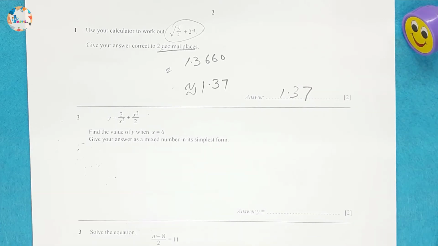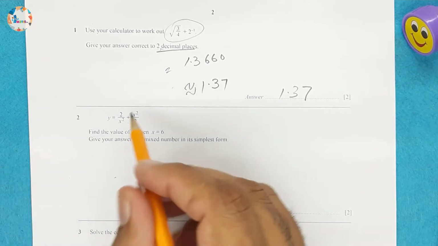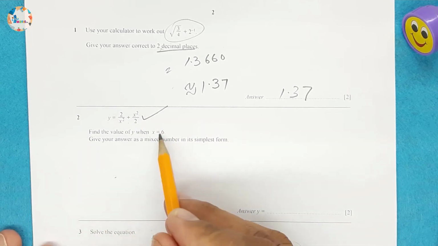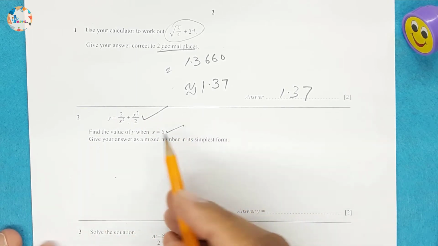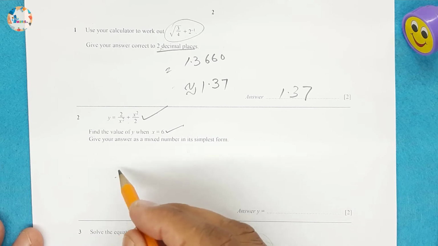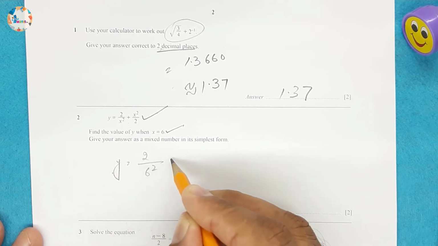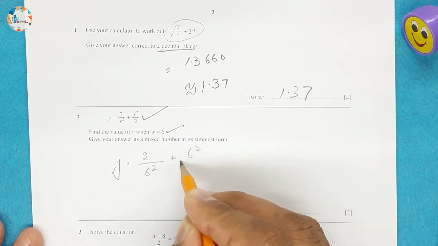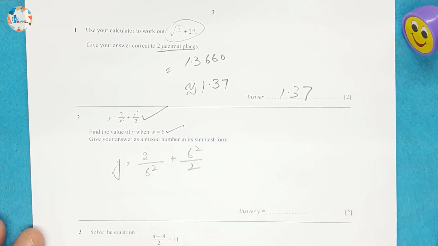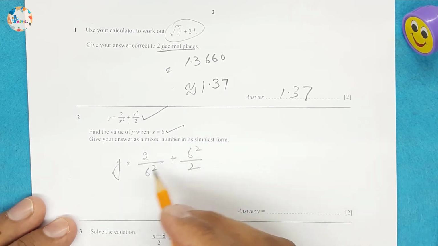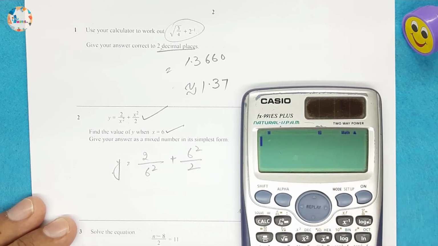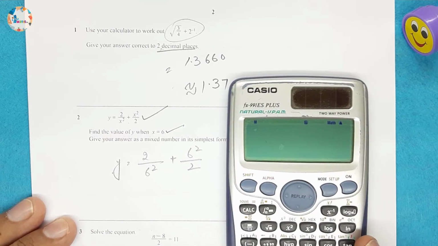Question number 2, y is equal to, this is the equation provided. Find the value of y when x is equal to 6. So we'll have to replace the value of x. Y will be equal to 2 over 6 squared plus 6 squared over 2. We can solve it with the help of the calculator also.